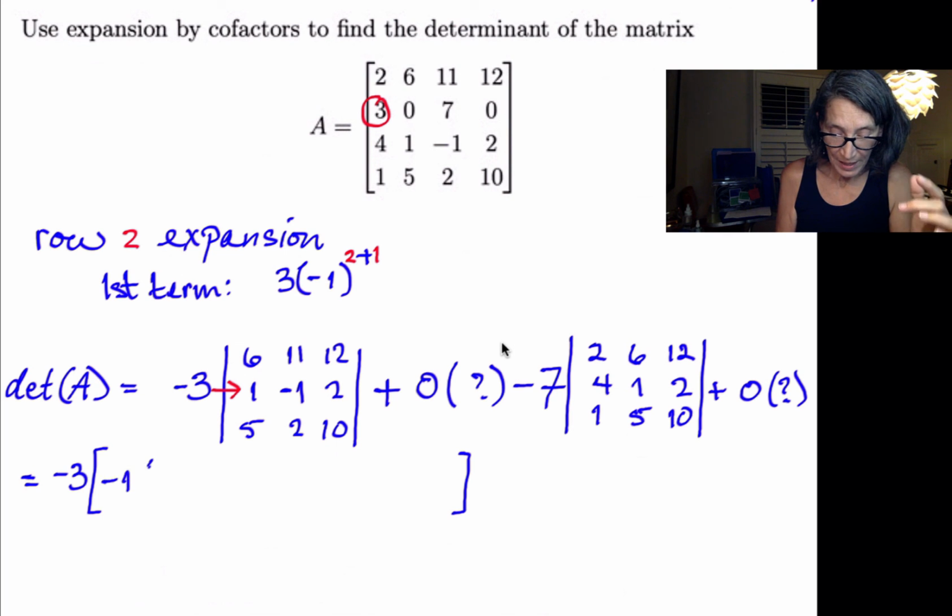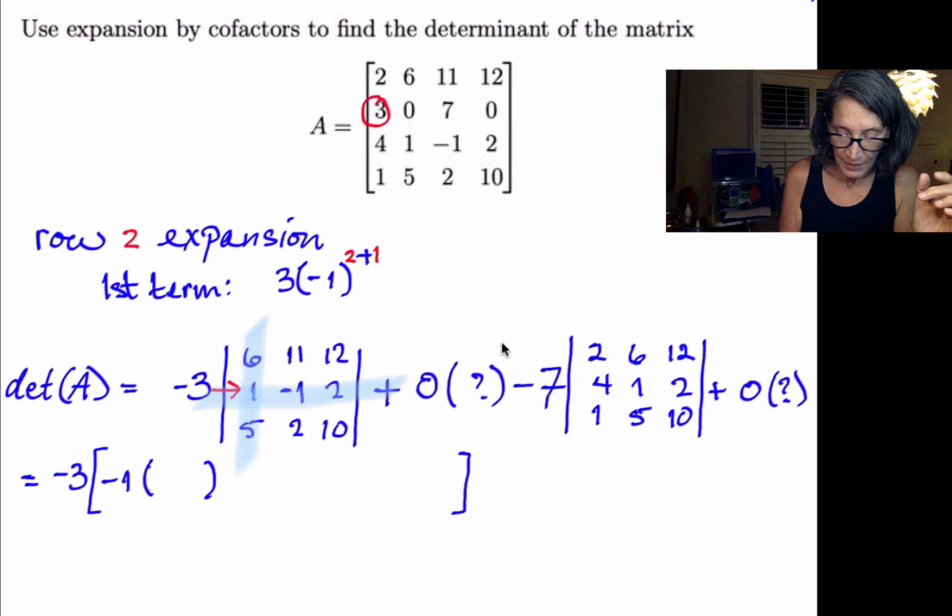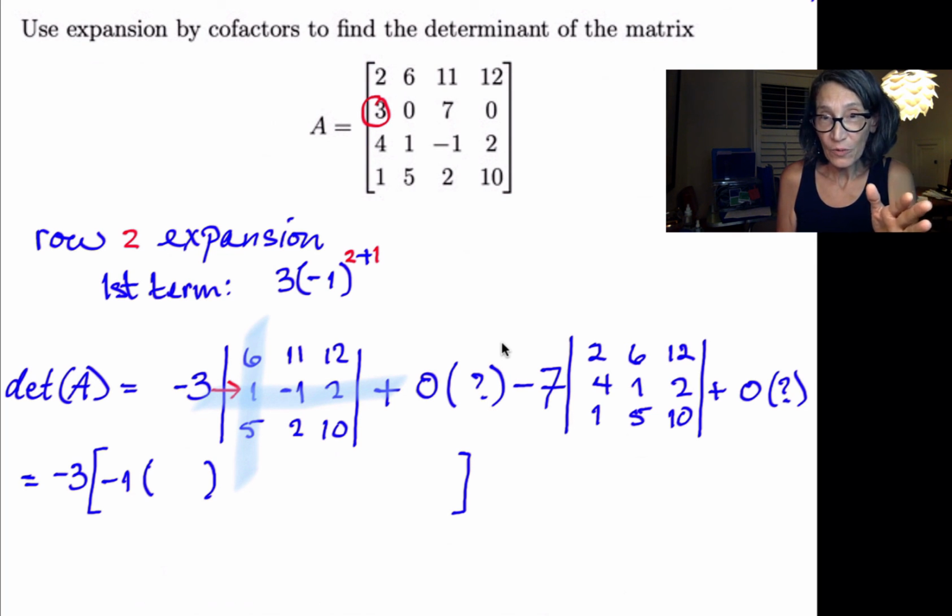So it's going to be negative 1 times the determinant of the 2 by 2 matrix that we get when we delete the second row, first column. Remember, the determinant of a 2 by 2 is AD minus BC, so it's 11 times 10, 110, minus 12 times 2. So 110 minus 24 is 86.